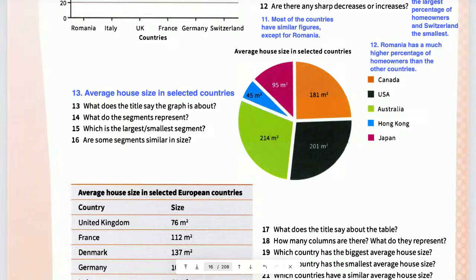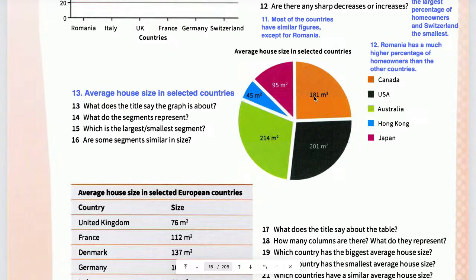Yes, okay. They mentioned two things. The first thing, based on each segment, for example the first one, it represents what? Yeah, it represents a country, right? For example, the orange one, which country is that? Canada, right? And we have the black one, the USA, the green one, Australia, the blue one, Hong Kong, and the pink one, Japan. So it represents a country.